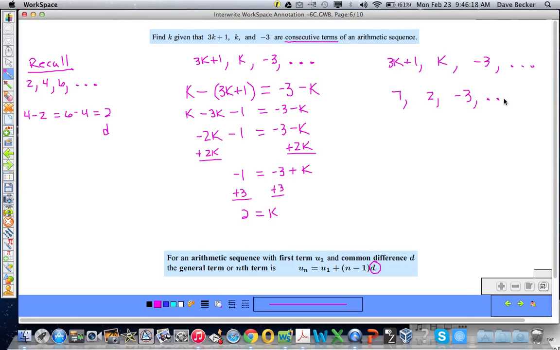We have to have the same common difference d if this is an arithmetic sequence. So does 2 minus 7 equal negative 3 minus 2? Term minus previous term right here, term minus previous term right here. 2 minus 7 is negative 5, and negative 3 minus 2 is negative 5. So we know we have an arithmetic sequence. That's very, very good.